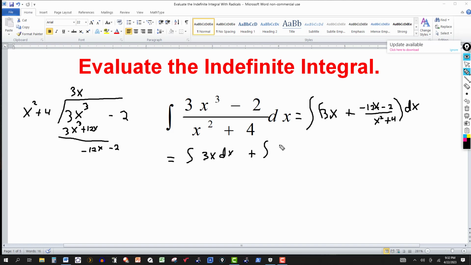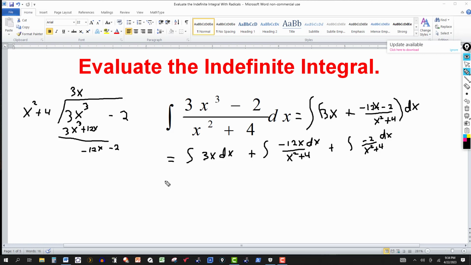You don't have to do that, but it makes it easier to integrate. Variable of integration is x, so I put a dx in all of these.